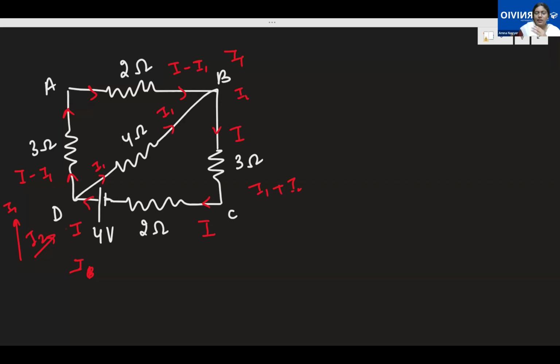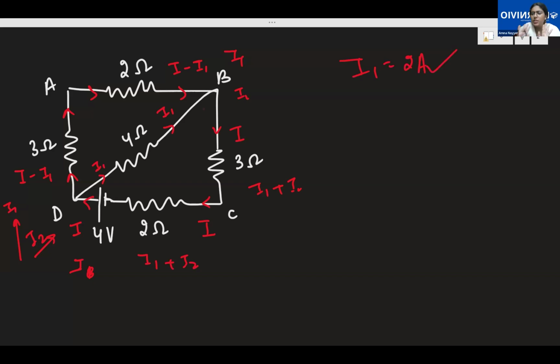Let's say you have done this. In this branch, you have I1 plus I2. I2 has gone here, I1 has gone here. Now let's say I have used the method which I have taught you, and I have solved this question. The branch where I1 is present, I am getting it as 2 ampere, and let's say my answer is correct.